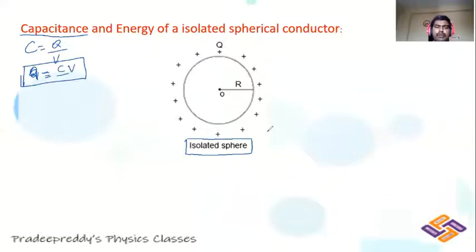So as we know, Q is equal to CV and C is equal to Q by V. In order to derive the capacitance of the conductor, we need to know what the potential is. As this conductor has charge Q, it is already given.